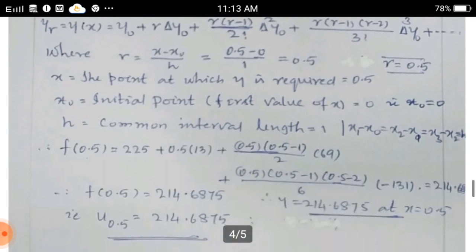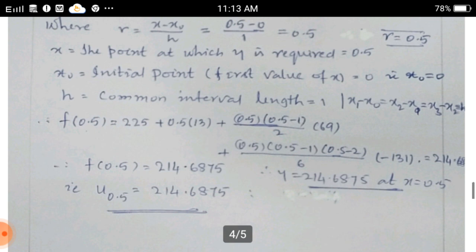Substitute all these values in the above Newton's forward interpolation formula.